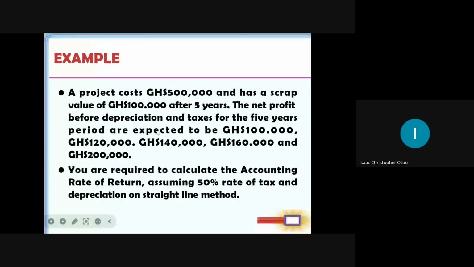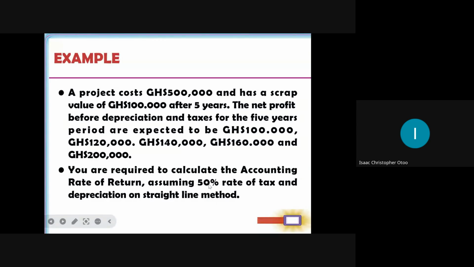The net profit before depreciation and taxes for the 5 years is expected to be 100,000, 120, 140, 160, and 200. You are required to calculate the accounting rate of return, assuming 50% rate of tax and depreciation on straight line method.